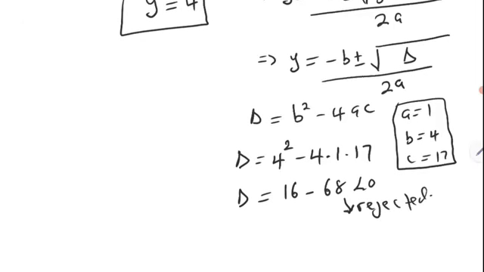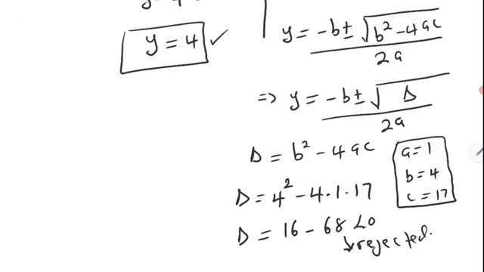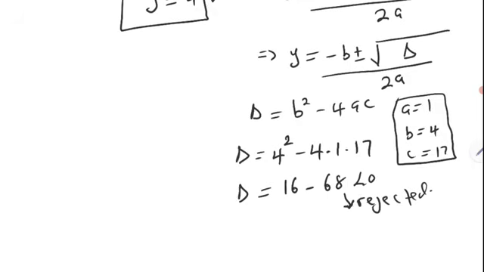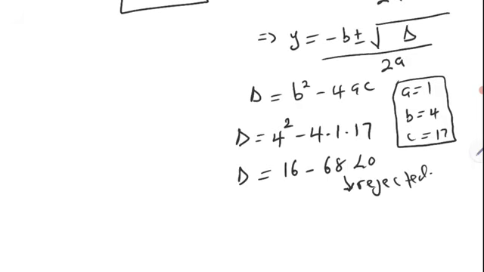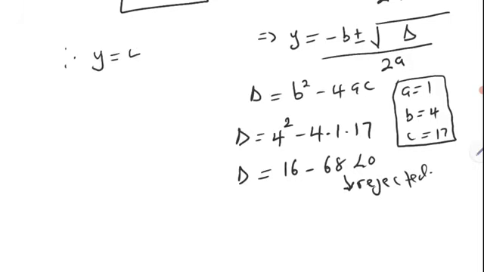The only real solution we have is y is equal to 4. Therefore, y equal to 4 is the real solution we have. But 2 raised to power n is equal to y.